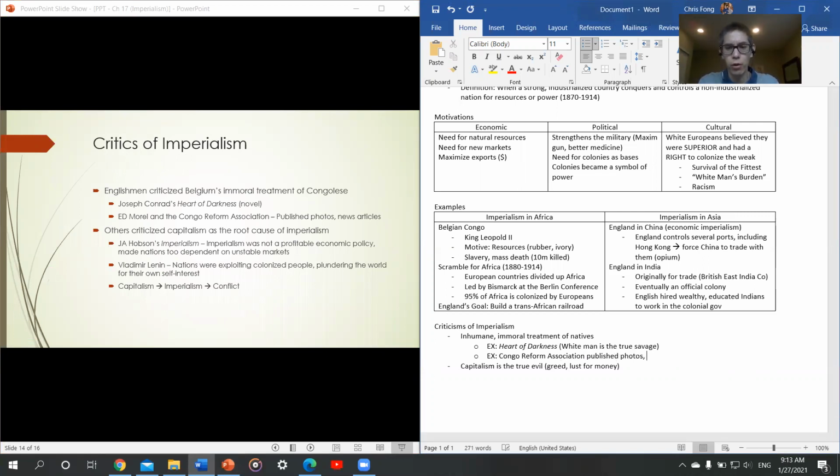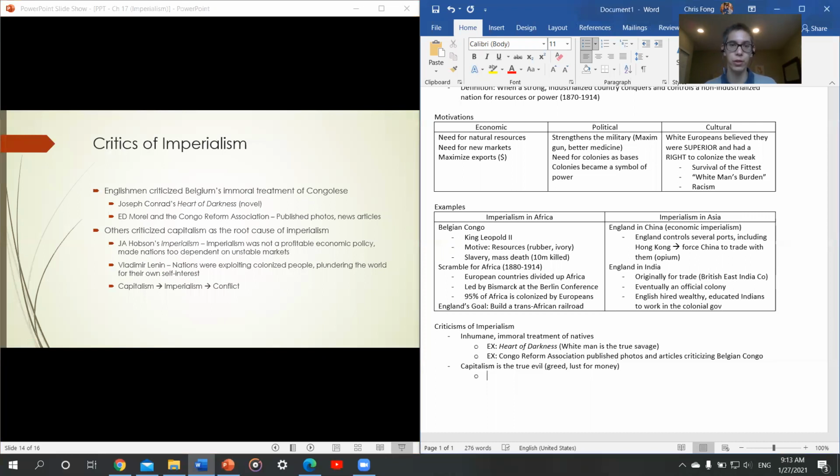The Congo Reform Association published photos and articles criticizing the Belgian Congo. And it did work, sort of. It forced King Leopold to reform what he was doing in the Congo. So there's one criticism, kind of the humanity or morality of it.